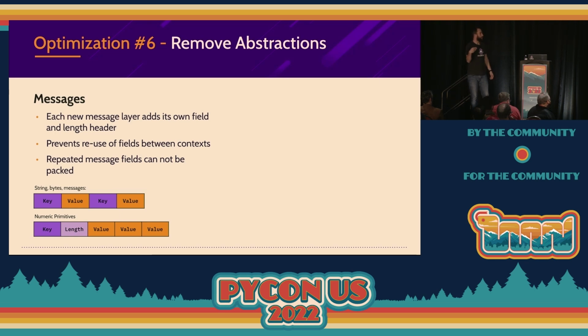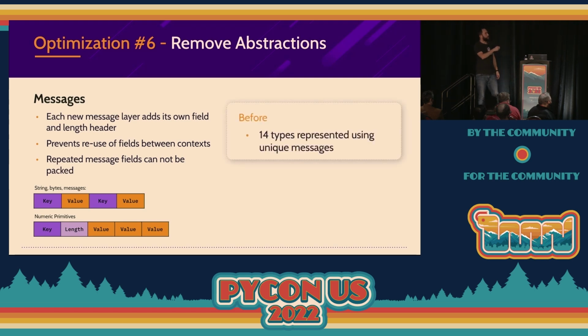On the other hand, if you're using a list of numbers, then essentially the length is encoded only once. And then they just add the values one by one. So we've seen that each message we add costs us significantly in performance. And so to manage that, we've figured out how can we use less messages, how can we avoid creating messages.